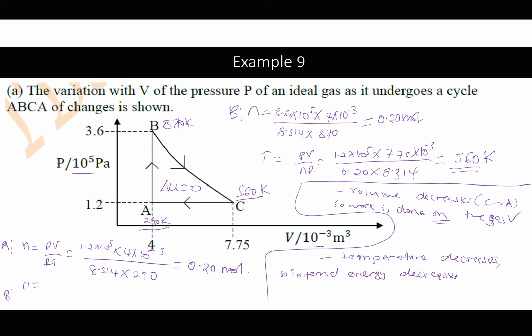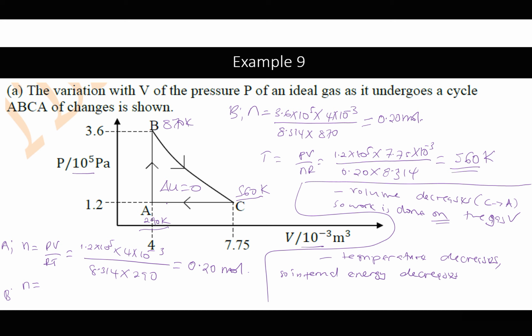Coming back to stage A where it is 290, we are coming back to the same temperature. If the initial temperature is the same as the final temperature, then the total change in internal energy is 0. There will be no net change in internal energy.